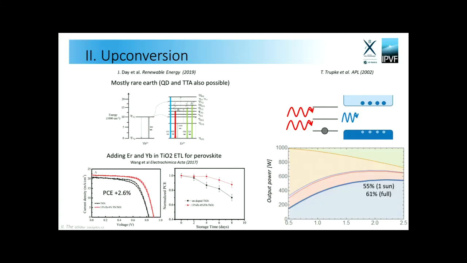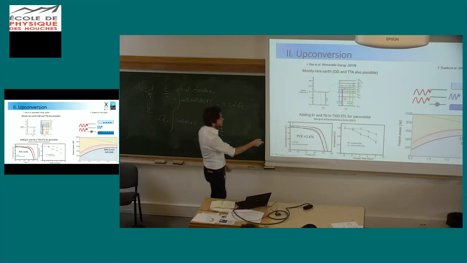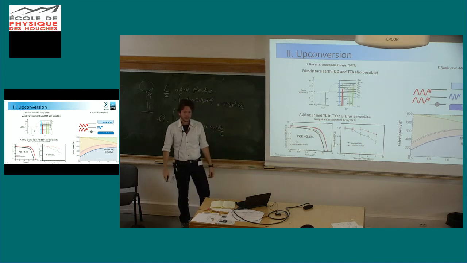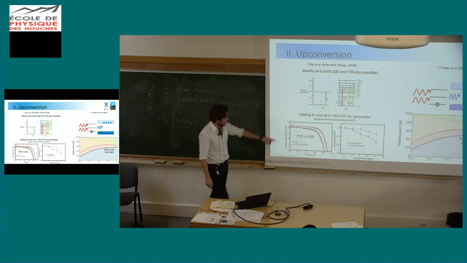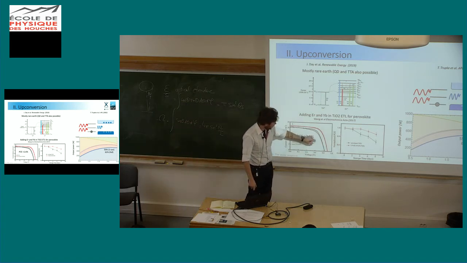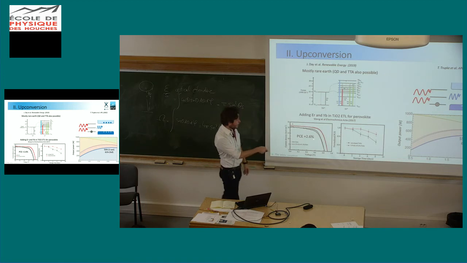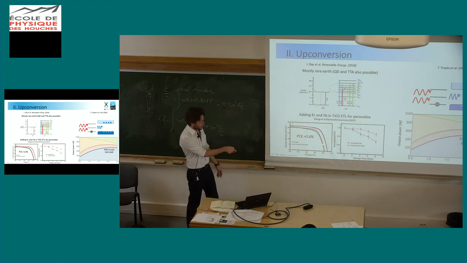In terms of application, there were attempts made by introducing rare earth materials into TiO2 electron transport layers in perovskites. The introduction of erbium and ytterbium has increased the efficiency of these cells by increasing the current which was actually generated inside the cell.